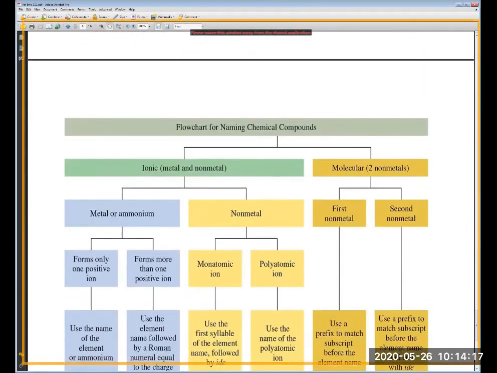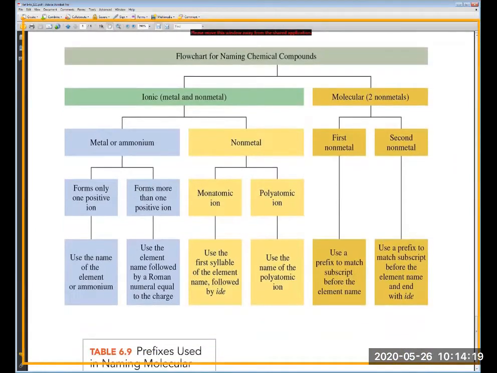The flow chart here reminds you that ionic compounds are made of a metal and a nonmetal, and molecular compounds, which are also covalent compounds, are made of nonmetals only. We have learned how to name them only when we have 2 nonmetals.